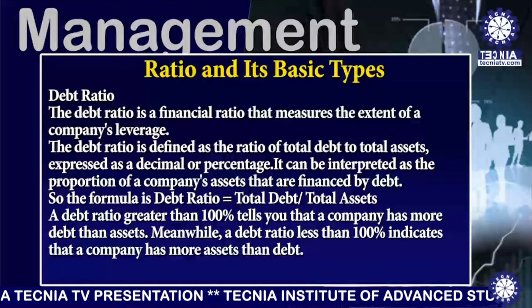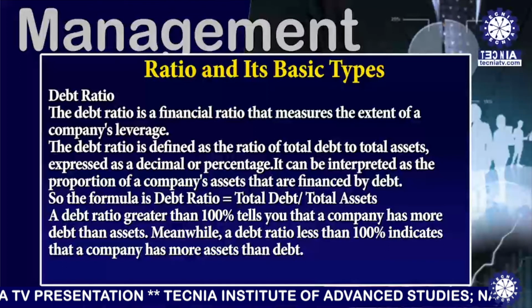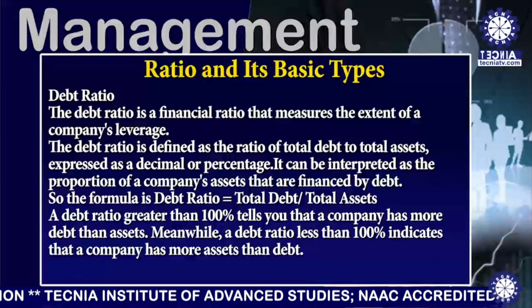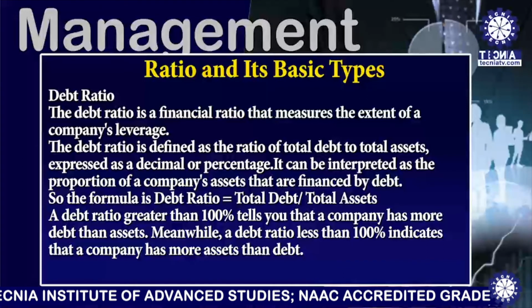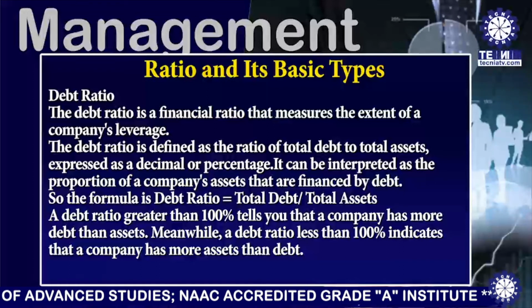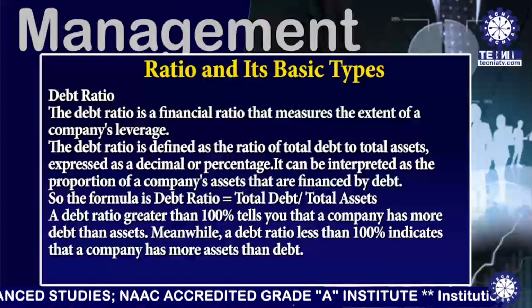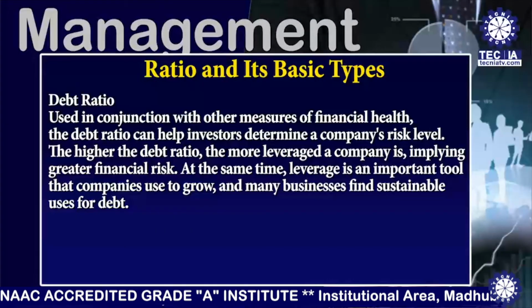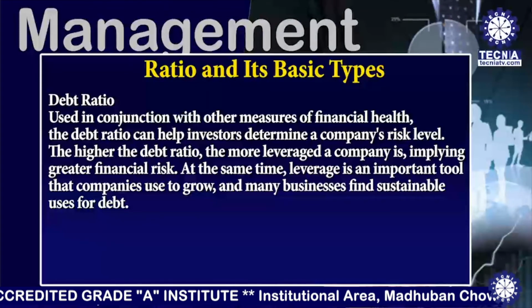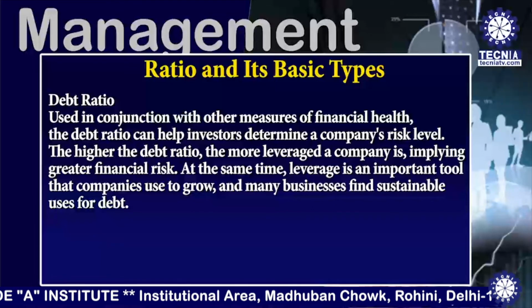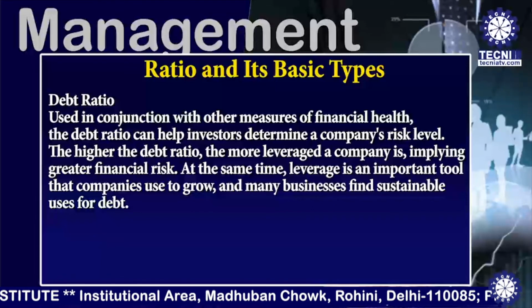A debt ratio greater than 100% tells you that a company has more debt than assets. Meanwhile, a debt ratio less than 100% indicates that a company has more assets than debt. Used in conjunction with other measures of financial health, the debt ratio can help investors to determine a company's risk level.